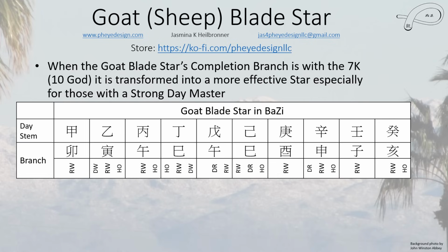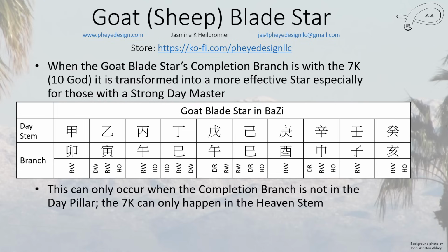So this is yet more when they say what is with it. That is, when it says in Chinese, when the branch is with a certain stem, they seem to always mean the heaven stem. So basically, it can only happen in the heaven stem because the 7K does not appear here.